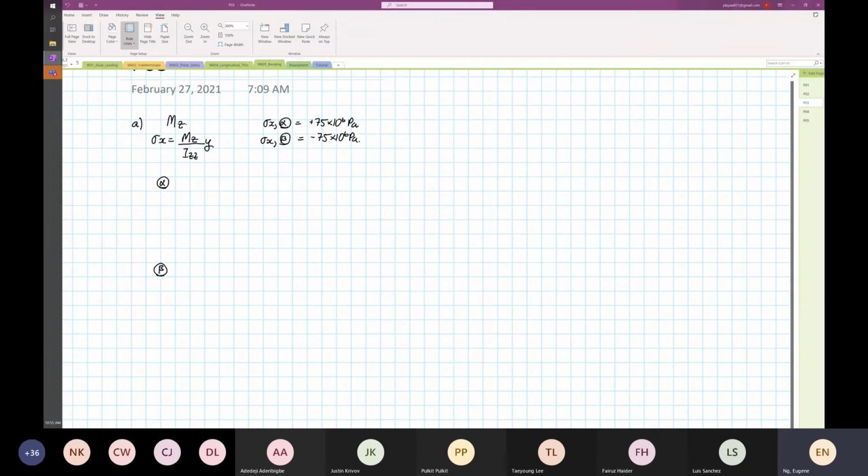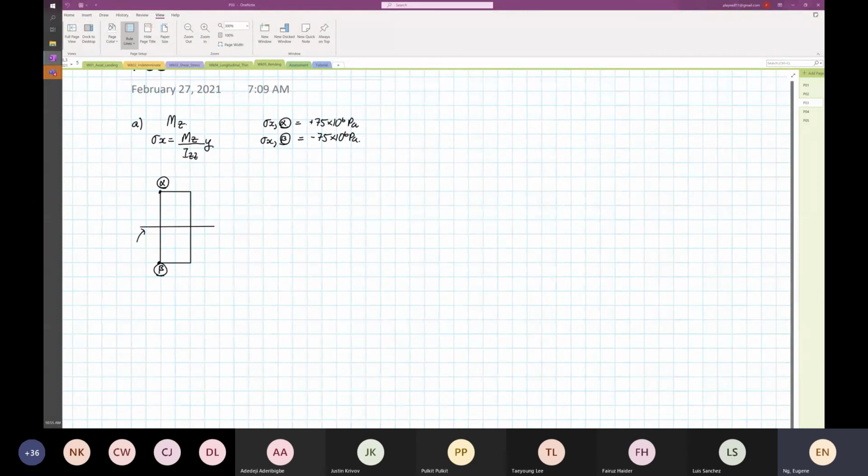So this is point alpha, that is point beta. We know that this is our centroid or neutral axis. For this case, I'll call it the neutral axis, because we've been using the term a lot.